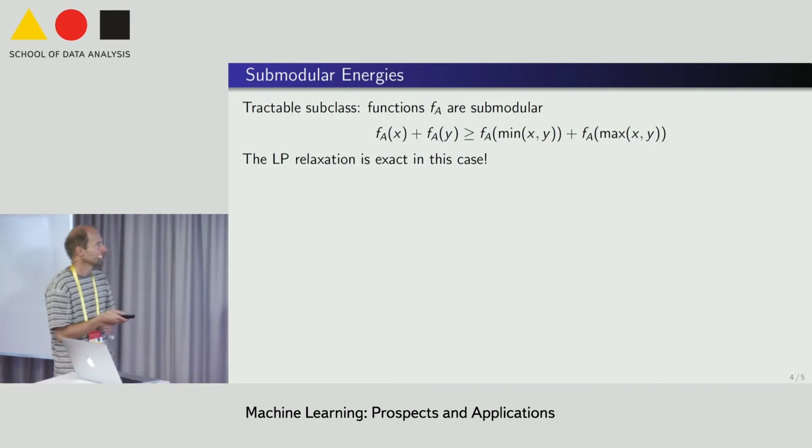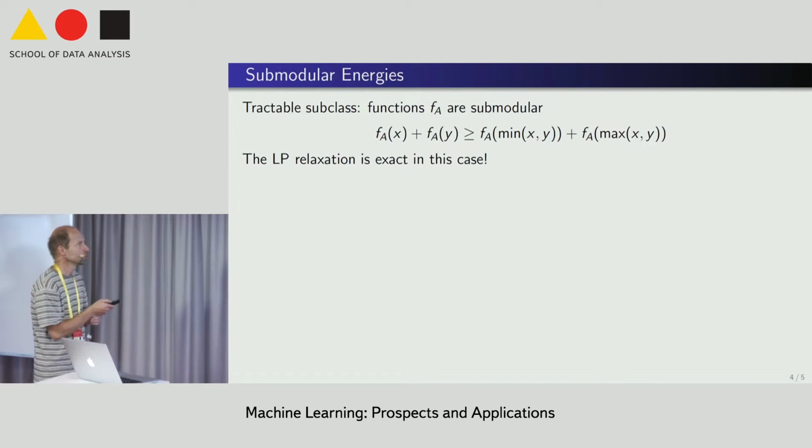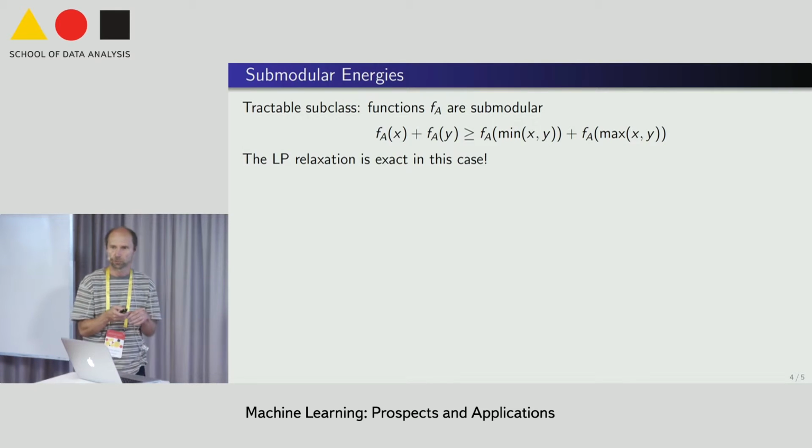Now, I said that energy minimization is NP hard, but we know that a tractable subclass is when the cost functions are submodular. And the good news is that not only is this tractable, but the LP relaxation in this case is exact. So this class is solved exactly by this LP relaxation.